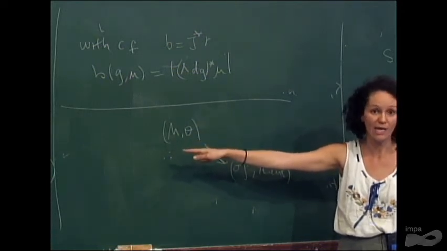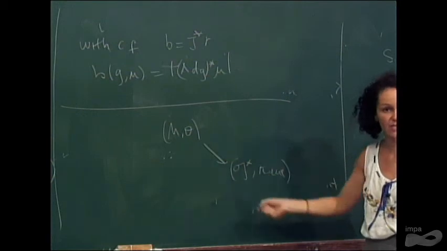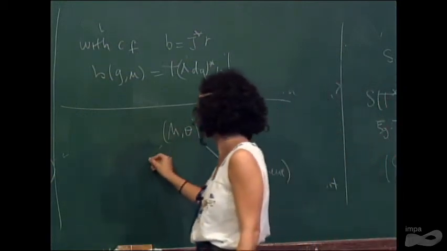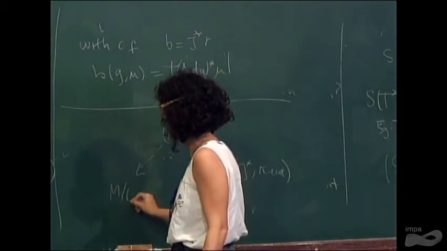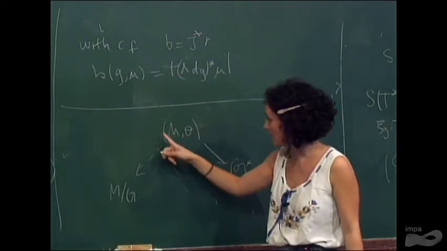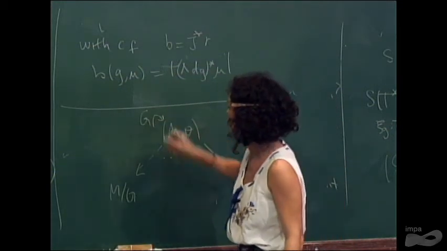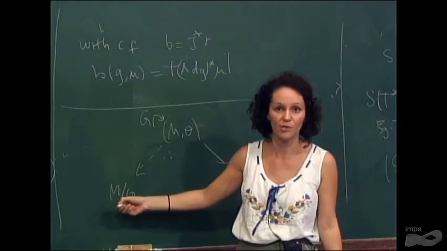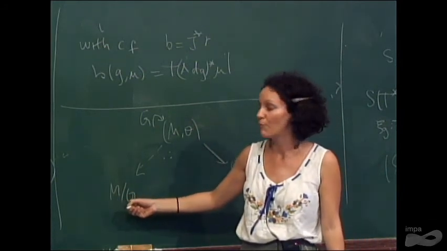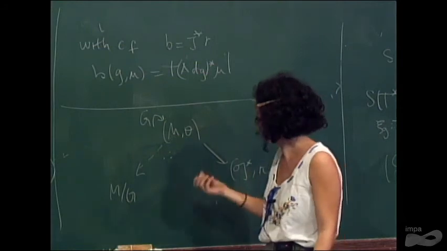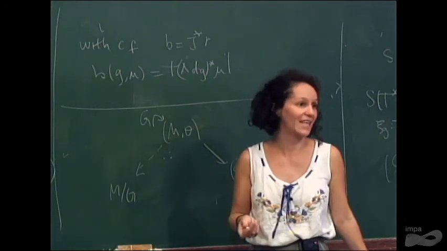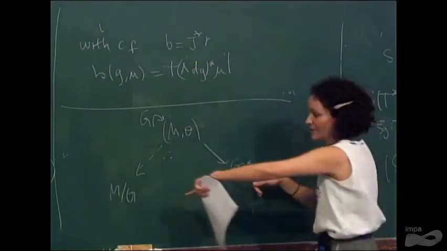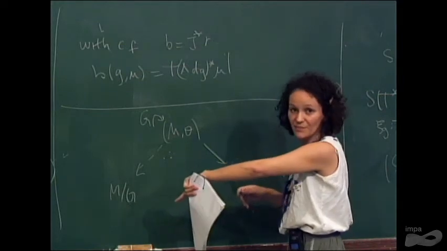How can I relate the geometry on this side to the geometry of the quotient? Because the action is contact, then you have a Jacobi structure here. You can prove that you have a Jacobi structure here, but let's wish that it is actually Poisson. So these are very related, okay?